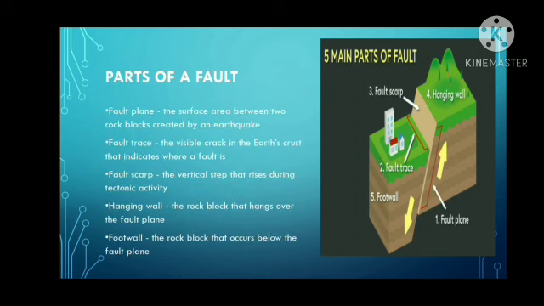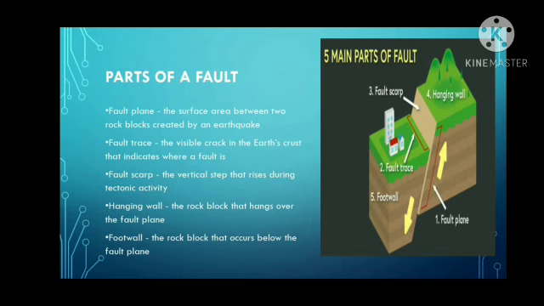So we have the parts of a fault in summary. The first one is the fault plane. We will base our description on our image representation. The fault plane defines the surface area between two rock blocks created by an earthquake.